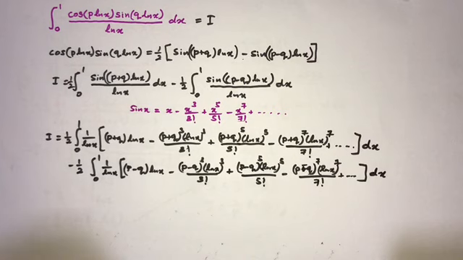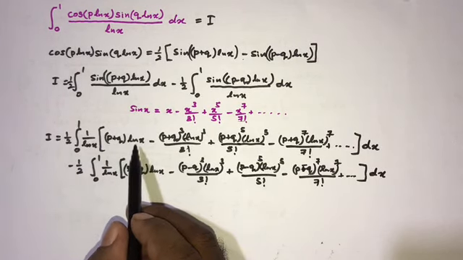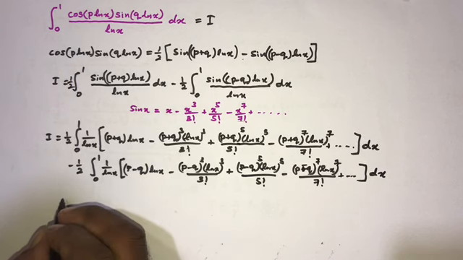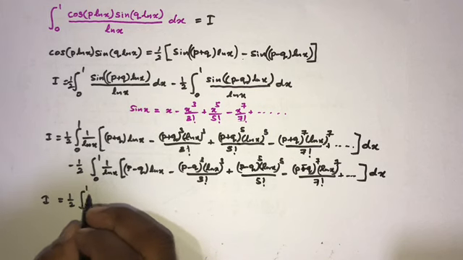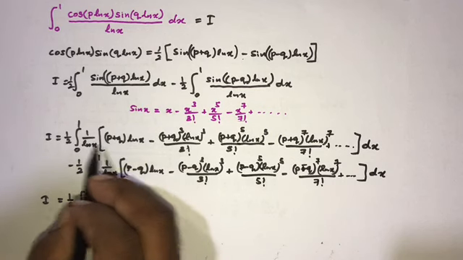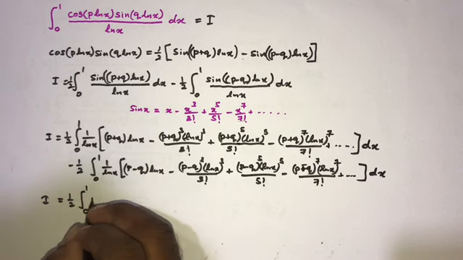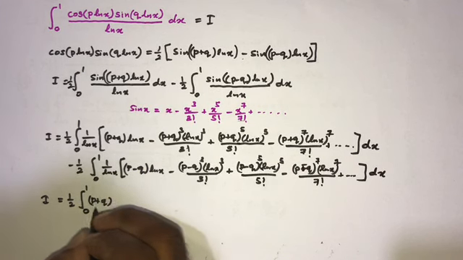Okay, then we can simplify this because we can multiply by natural log of x. So we can write I is equal to 1/2 integral from 0 to 1. Here this natural log of x gets cancelled, so we have only p plus q.